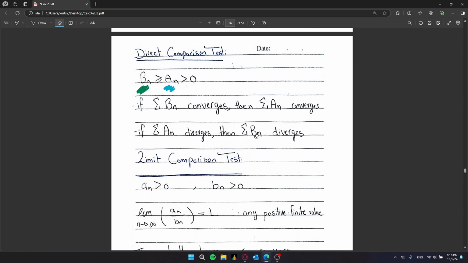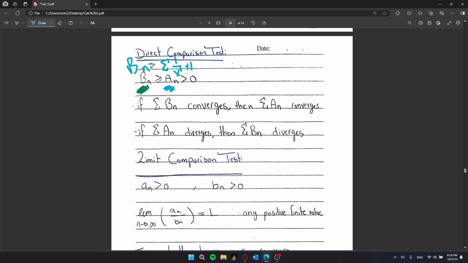When you solve some examples in class, you understand this in terms of numbers. It also makes sense. If I tell you, does the summation of 1 over x to the power of 1 plus 1 converge or diverge? You don't know if this converges or diverges, but let's say this is b of n.